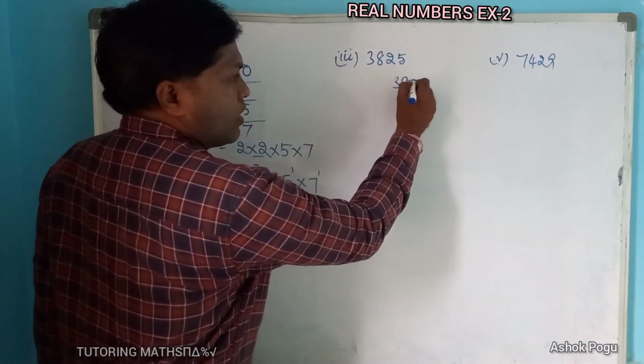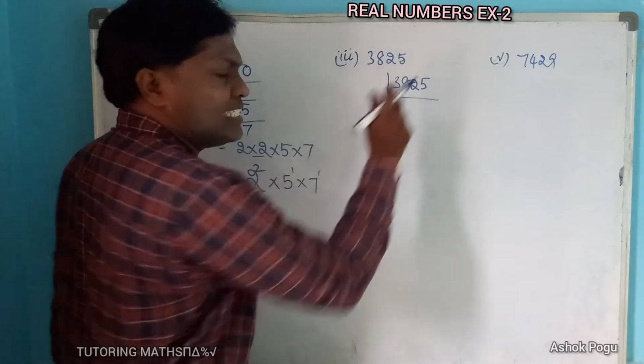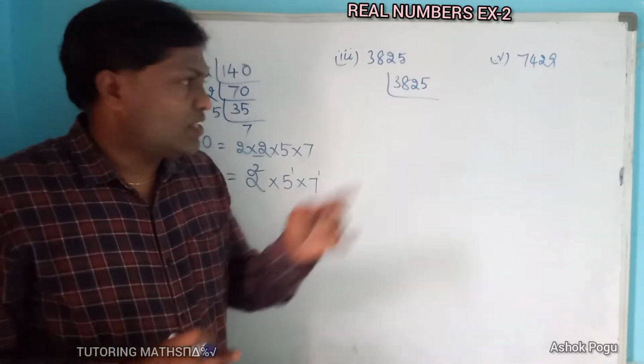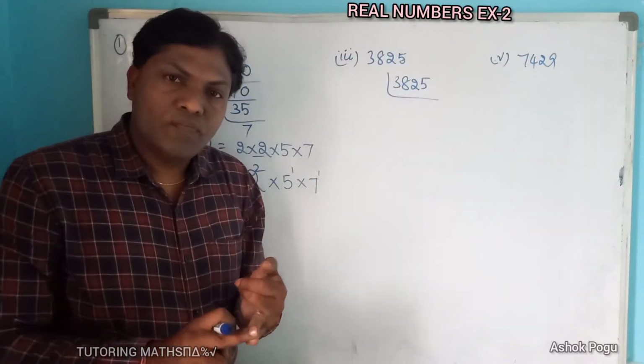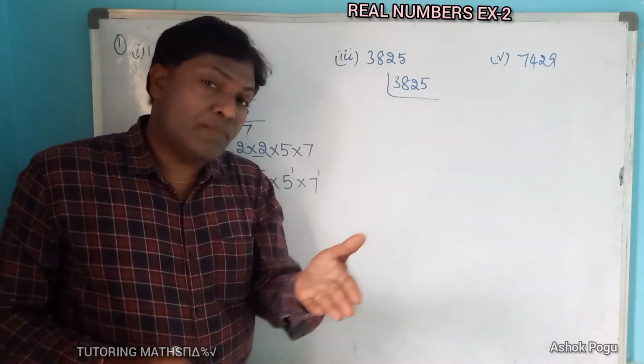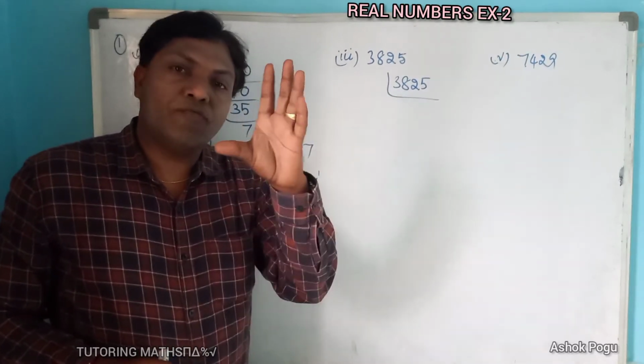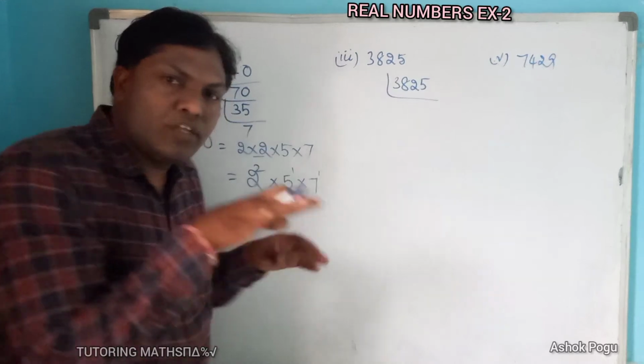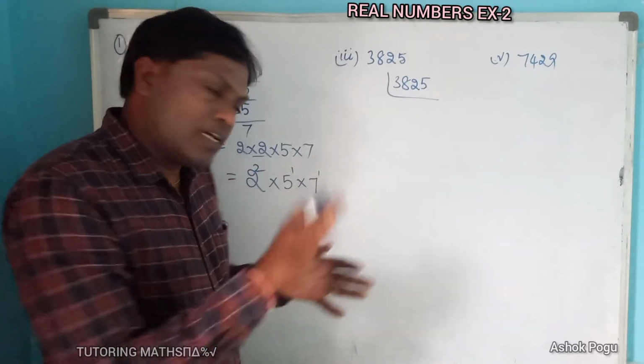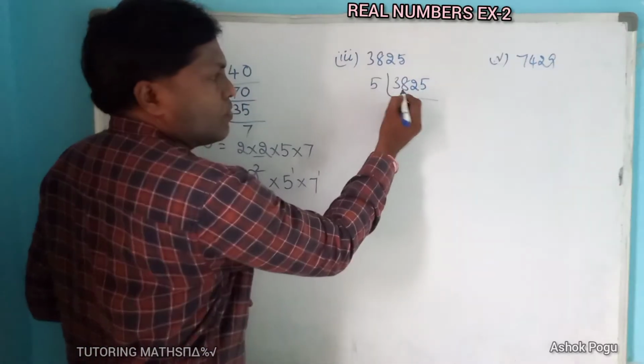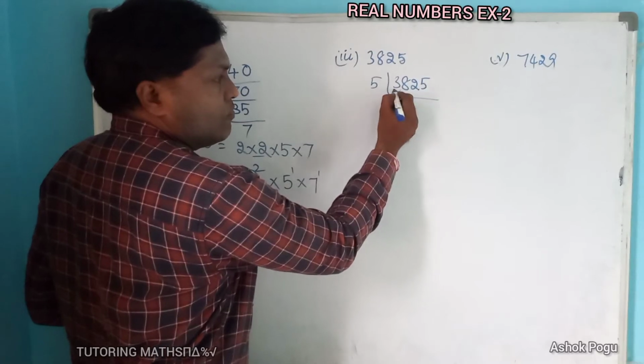3825. If the last digit is 0 or 5, then the number is exactly divisible by 5. So you need not wait, you directly check by 5. 5 7s are 35.